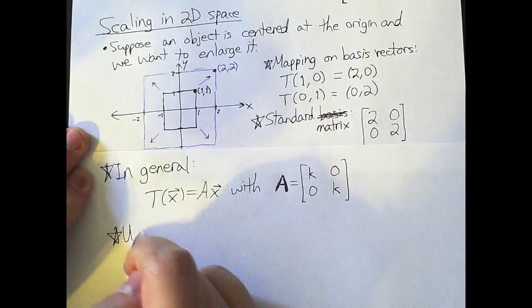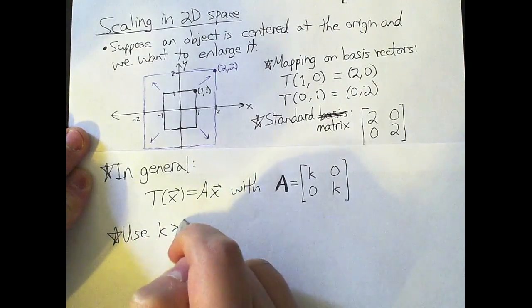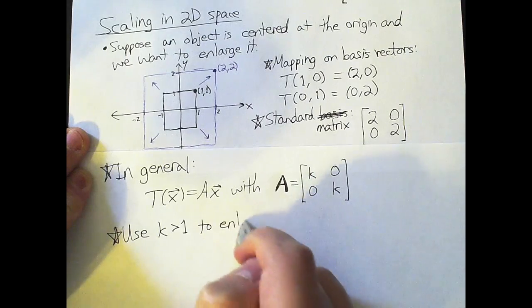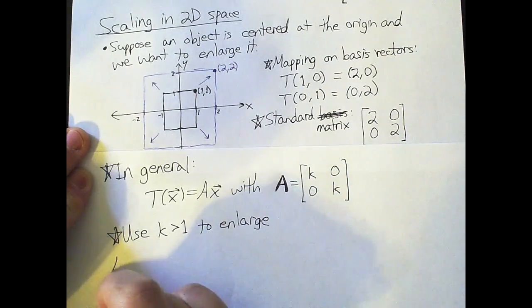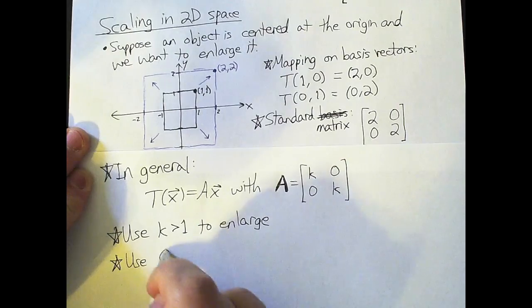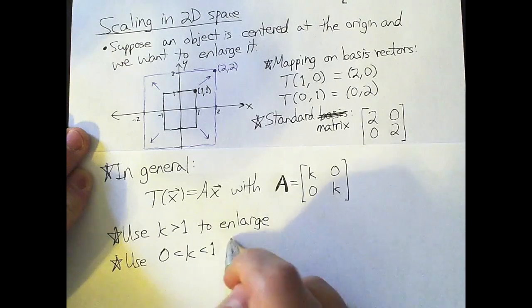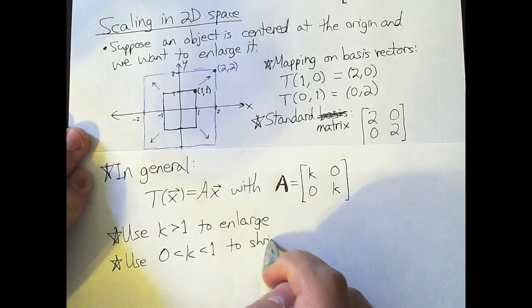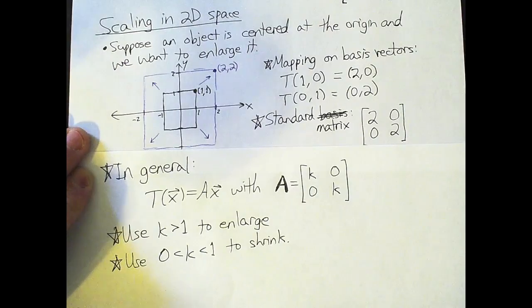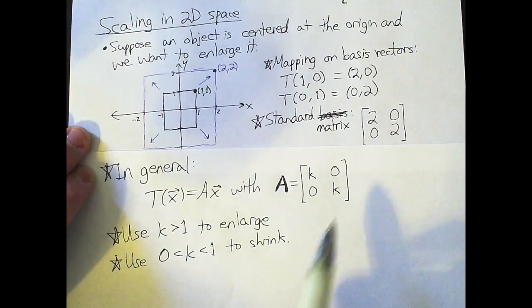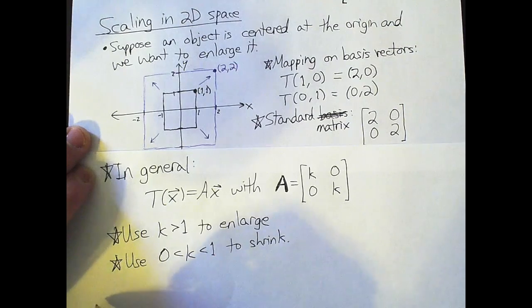And I'll say that we use k greater than 1 to enlarge, and we use a k between 0 and 1 to shrink. So those are the two types of scaling that we might want to do. Notice that if k equals 1, then you just wind up with the identity matrix, and that doesn't really do anything, right? If you multiply something by the identity matrix, it doesn't change.